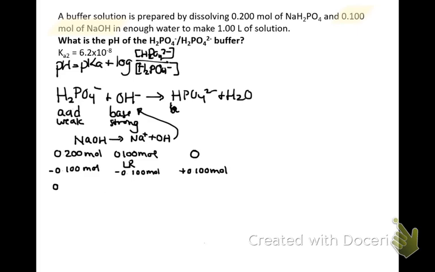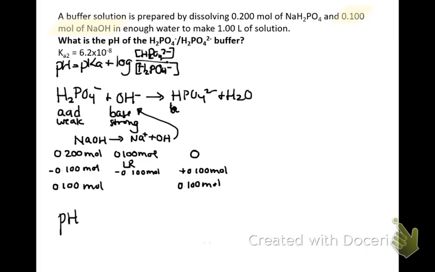After the neutralization reaction, we're going to have 0.1 mole of H2PO4 minus and 0.1 mole of HPO4 2 minus. Those are both going to be in 1 liter because it's in the same solution.